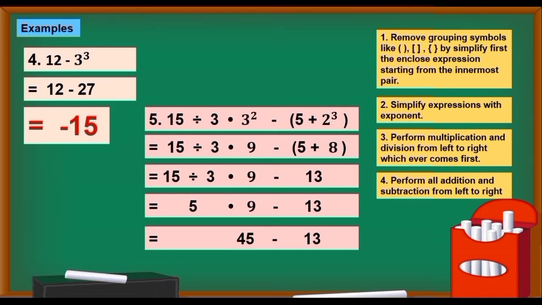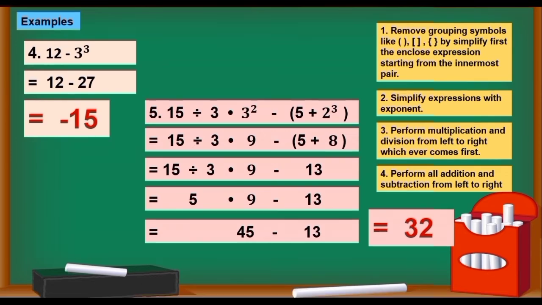And 45 minus 13 is equal to? Yes, that is equal to 32. So, therefore, 15 divided by 3 times 3 squared minus the quantity of 5 plus 2 cubed is equal to 32. Basta tatandaan lang po natin palagi yung tinatawag nating PEMDAS.